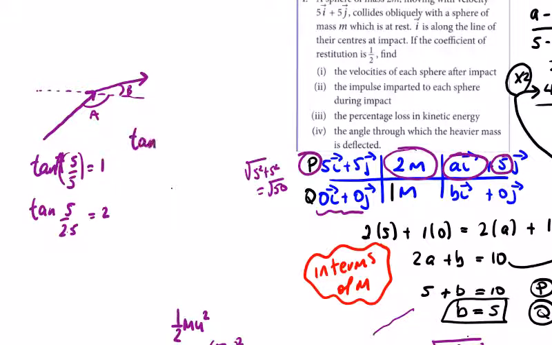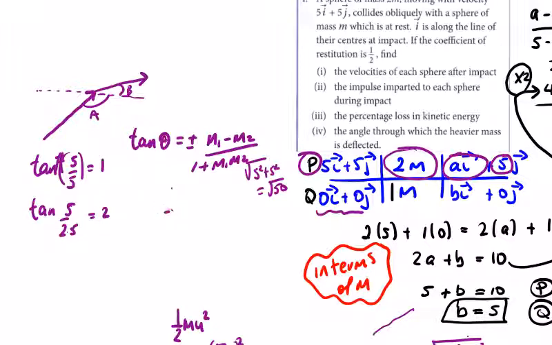So tan of theta, the angle between two lines formula, is equal to plus or minus m1 minus m2 over 1 plus m1 m2. Filling that in, we get 1 minus 2, or 2 minus 1.